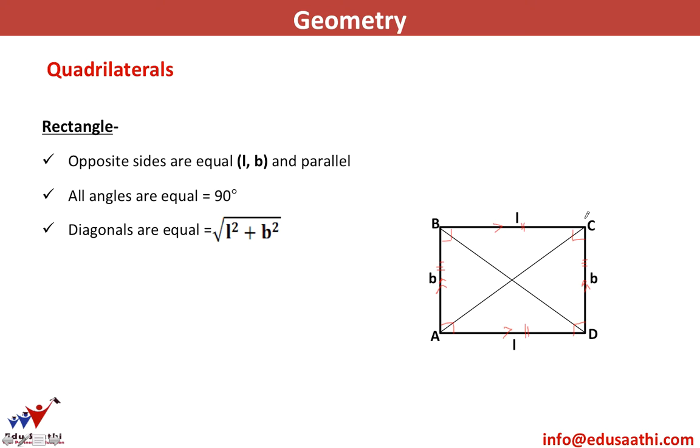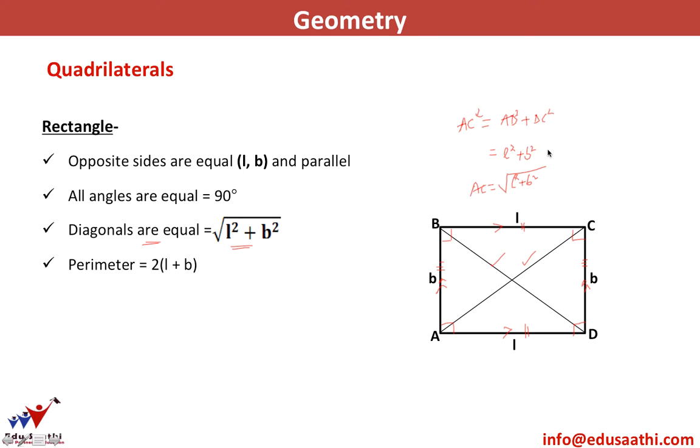Even the diagonals AC and BD are equal in length, and their length is given by Pythagoras Theorem, which is the square root of L square plus B square. So AC square will be equal to AD square plus DC square, which is L square plus B square. So the value of AC would be the square root of L square plus B square.